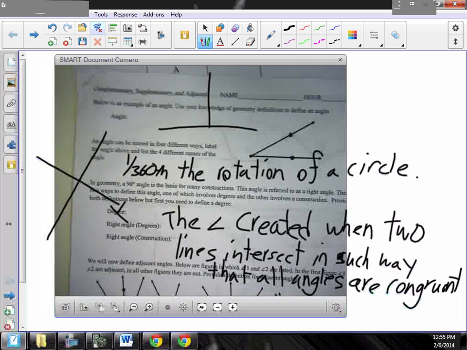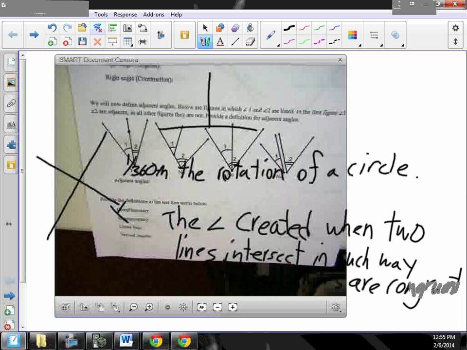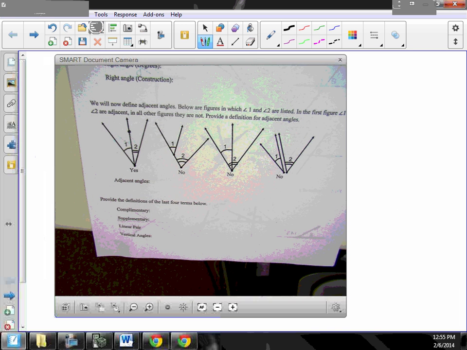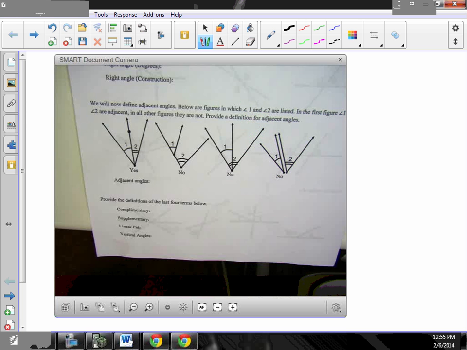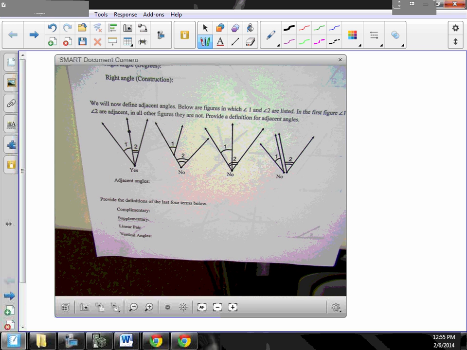So if we look down, we're now going to define a bunch of different types of angles. The first one is adjacent angle. I've given you 4 figures. The first one represents adjacent angles, and the other 3 do not. So we're going to come up with a definition by looking at a series of yeses and a series of no's.